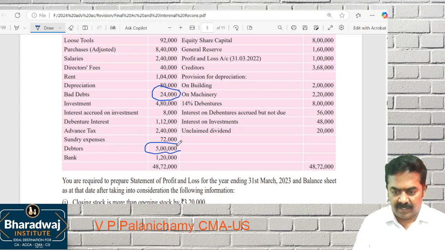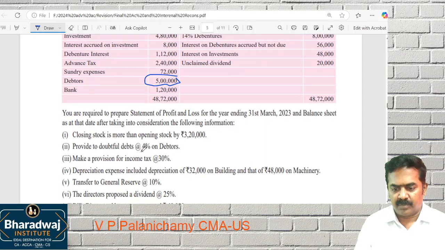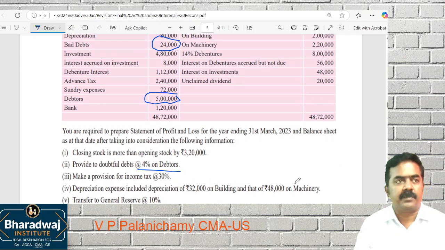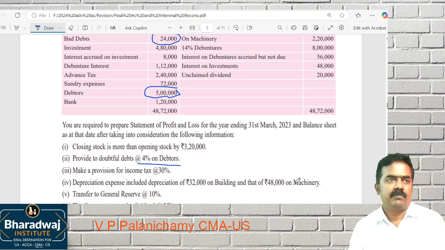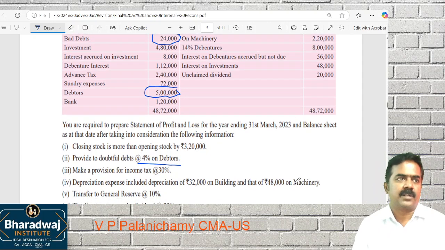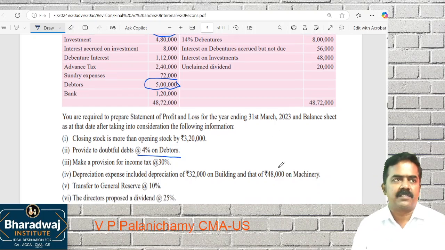5 lakh into the percentage. What is the percentage? 4%. Suppose they had given bad debts as an adjustment, bad debts to be provided or additional bad debts discovered, then you would have done 5 lakh minus that.